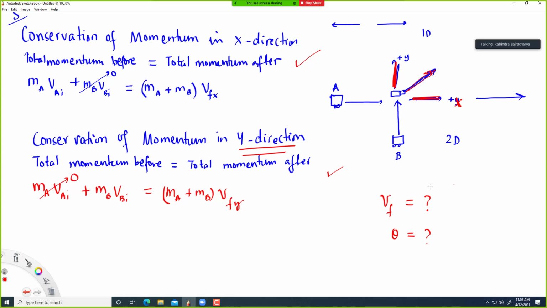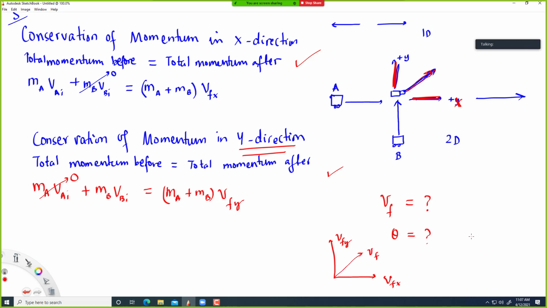So, to find v final, what we need to do? You have this x component v final x, and you have v final y, and you want to find this v final. V final is the combination of these two.